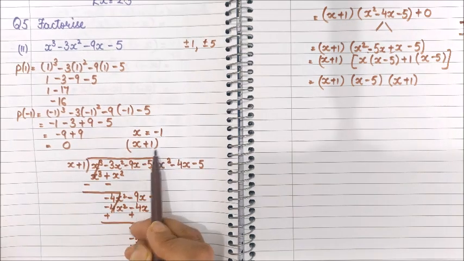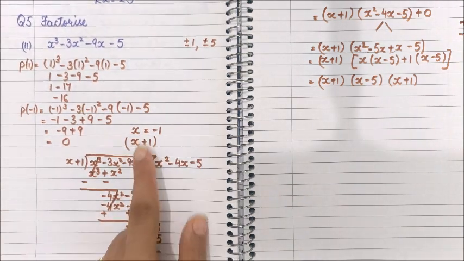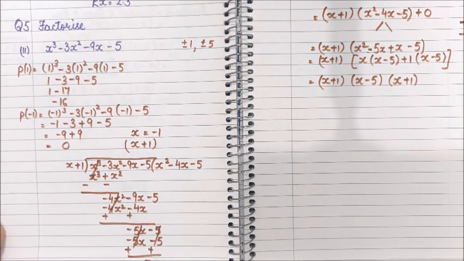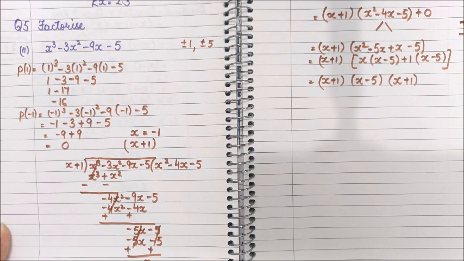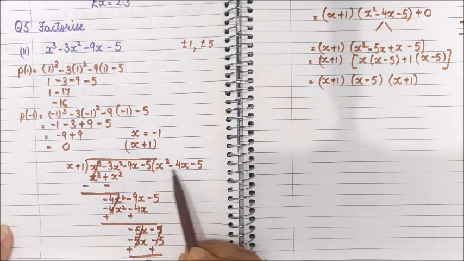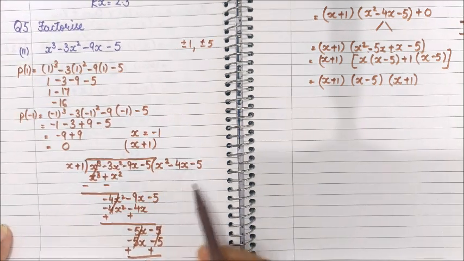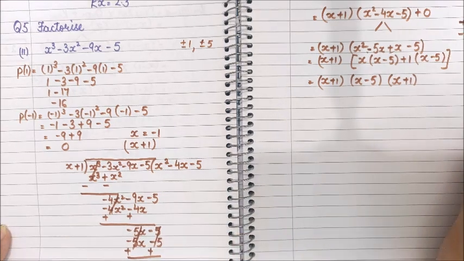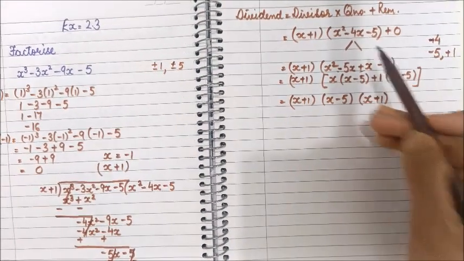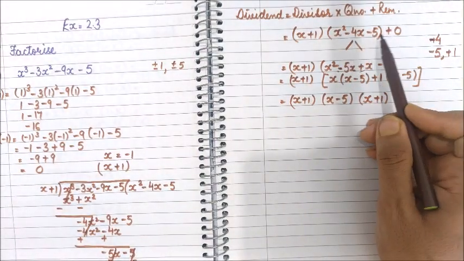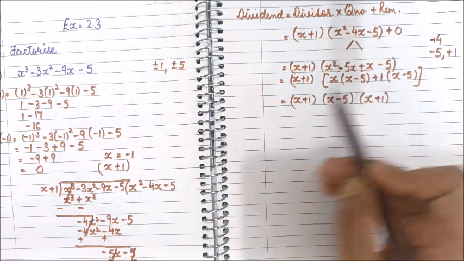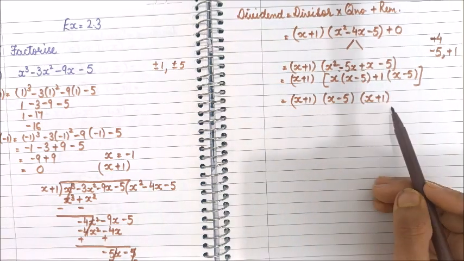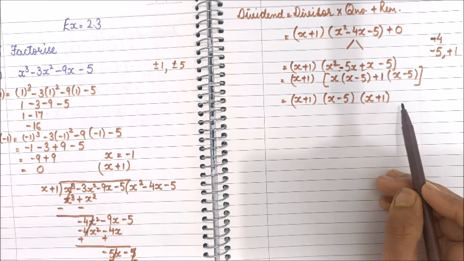So one factor is clear, x plus 1. Taking this one factor as the divisor, we are going to use the long division method. With the long division method, whatever quotient I will have is the other factor, which we can solve by splitting the middle term, as it is a quadratic polynomial. So by splitting the middle term, this is how we get the factors of the cubic polynomial.